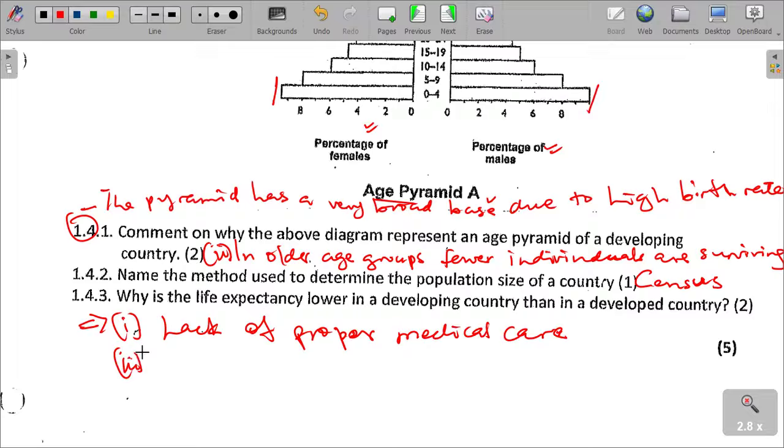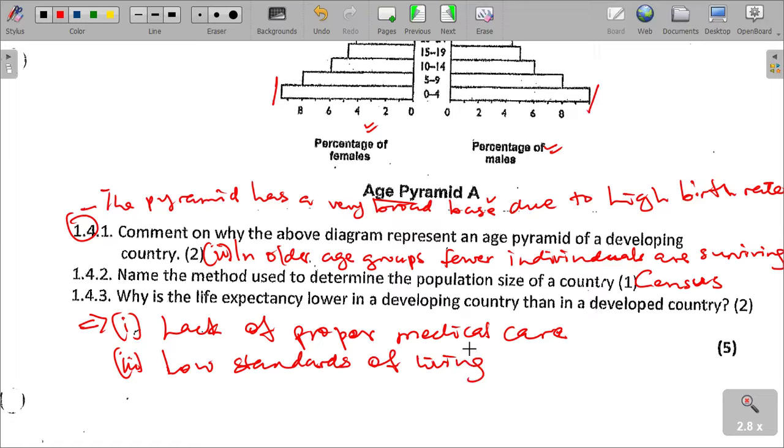And also it can be due to low standards of living. Low standards of living make people die early.